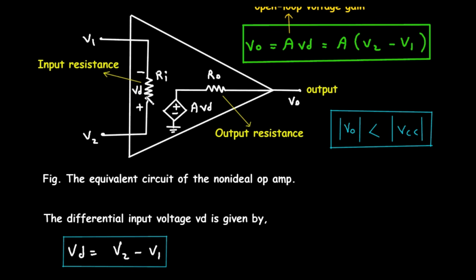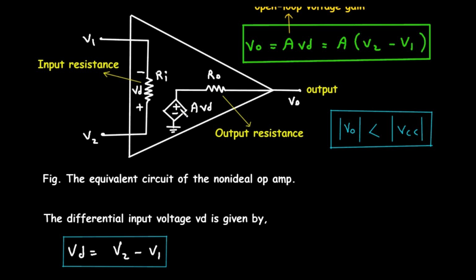Then next is the dependent source AVD. Here we can see this is the AVD, which is the dependent source. Now at the heart of the model is the voltage controlled voltage source.